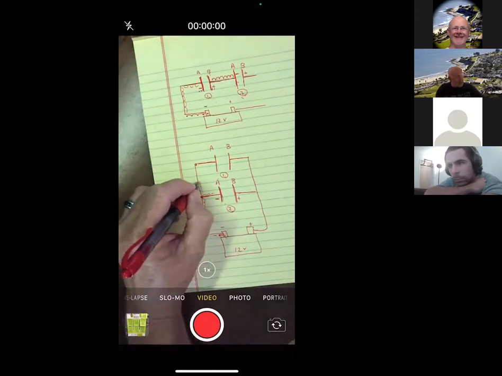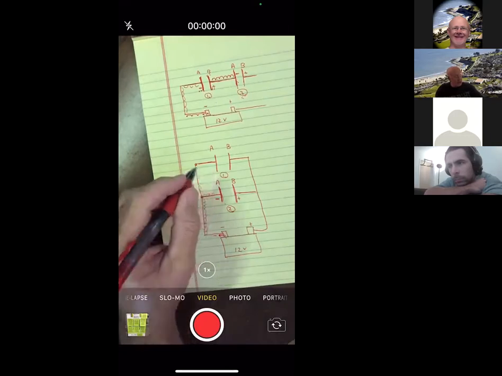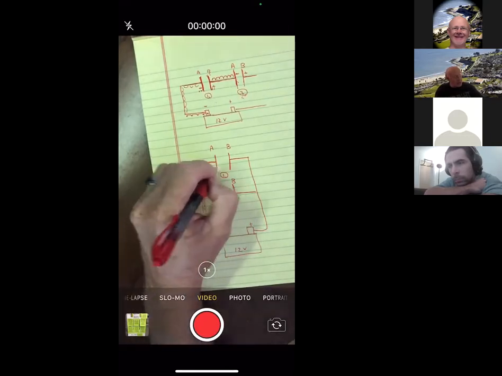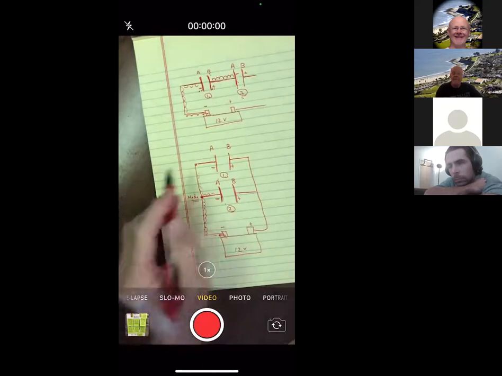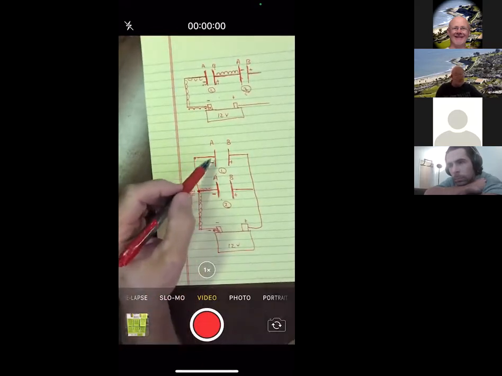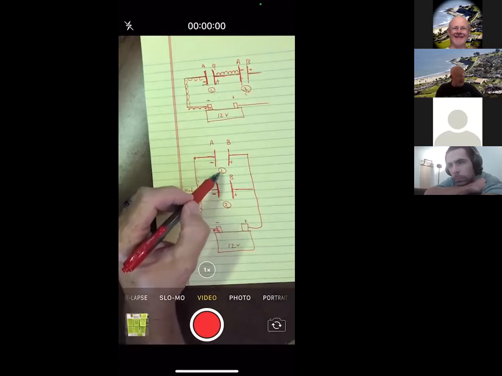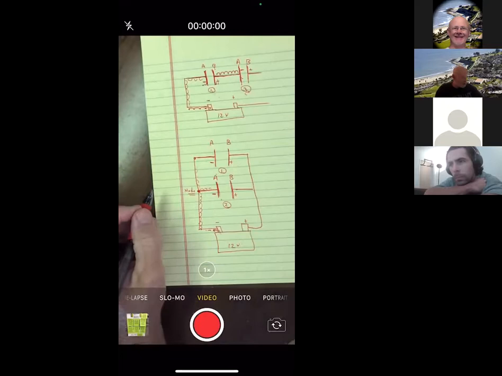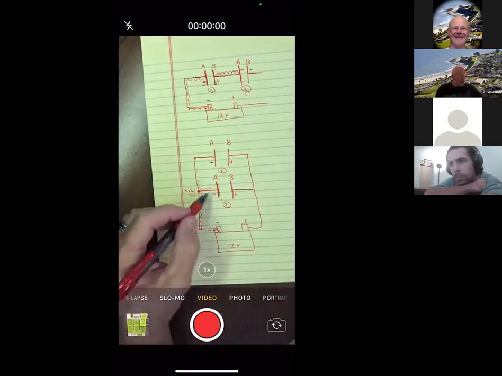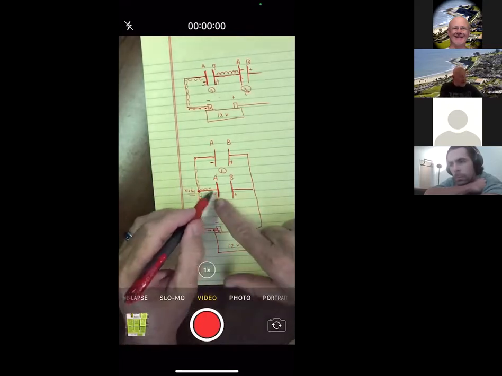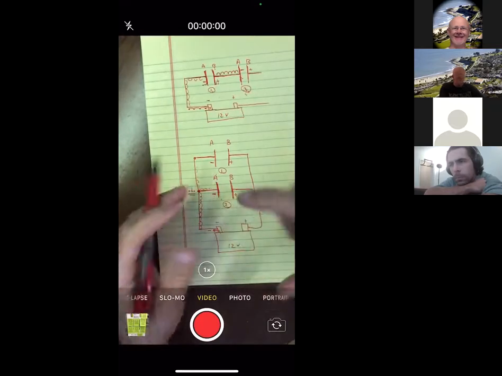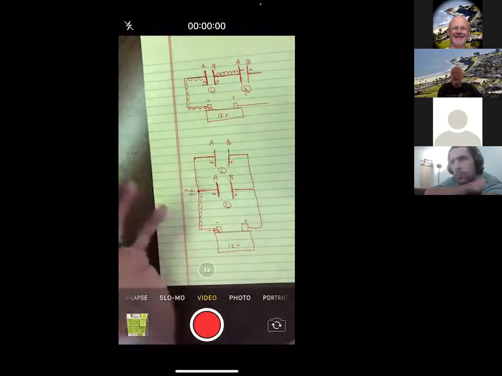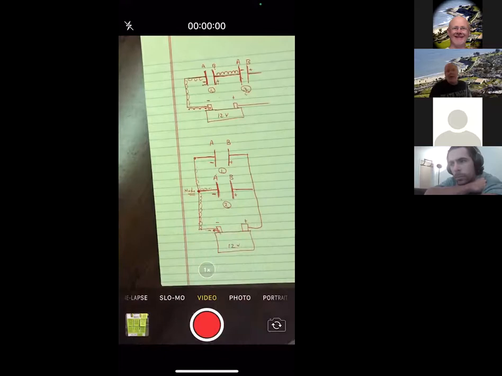So the second electron goes over to here. And so that electron goes on plate A of capacitor 1, chases one off. Okay. But do you see how these two electrons went different paths? They're parallel. So hence the name parallel.